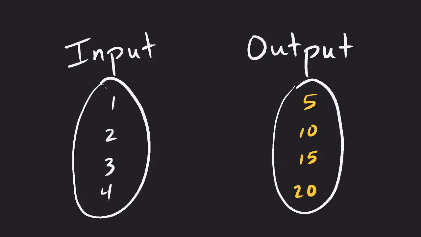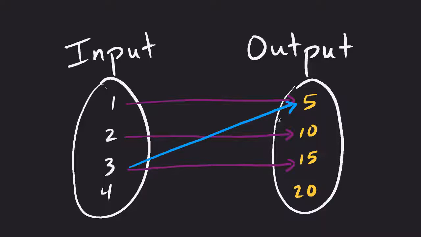I push the number 1, and I get a 5. Every time I push it, 5 comes out. I push the 2, and I get a 10. I push the 3, and I get a 15, or sometimes I get a 5. And I push the 4, and I get a 20.